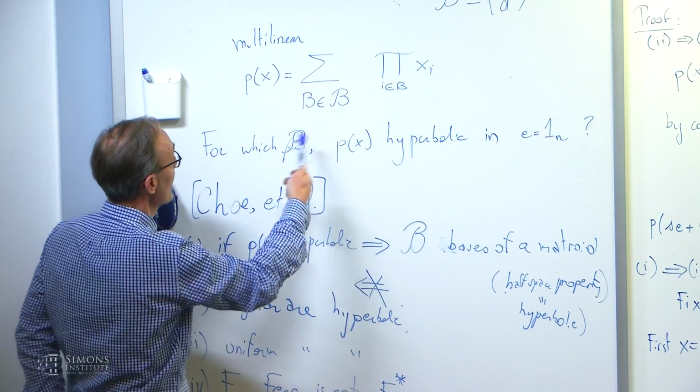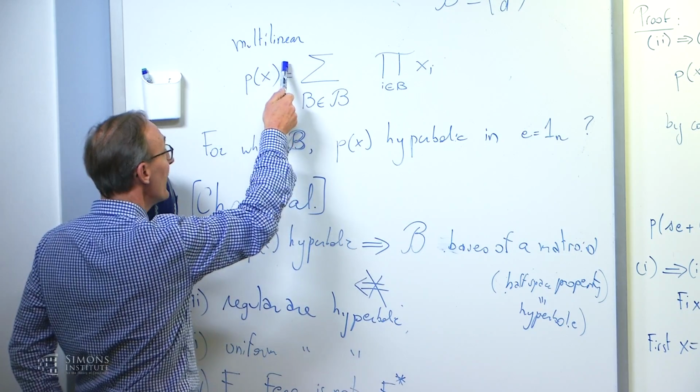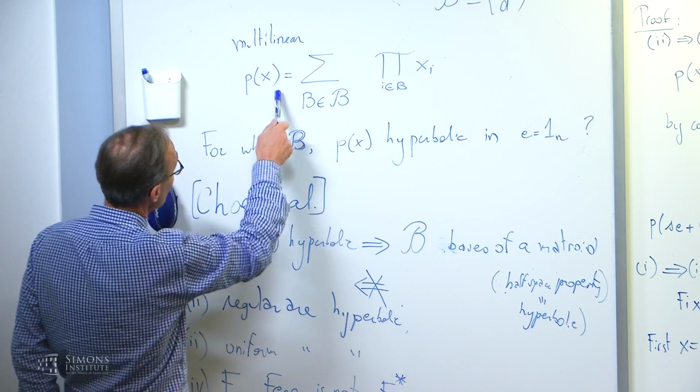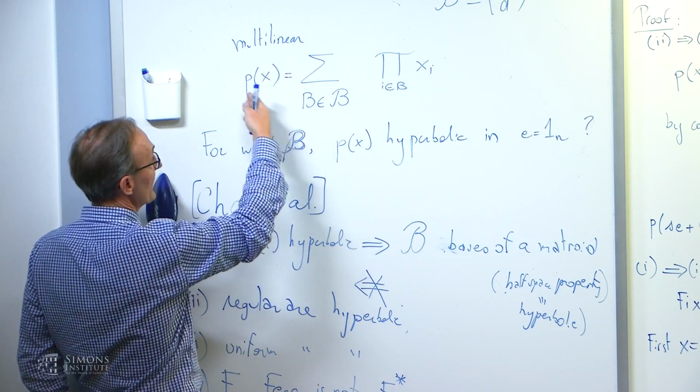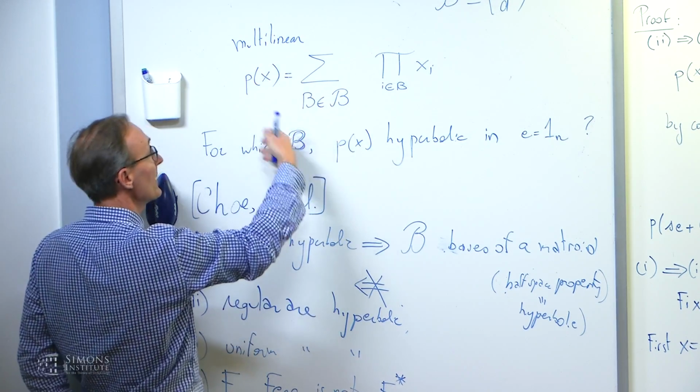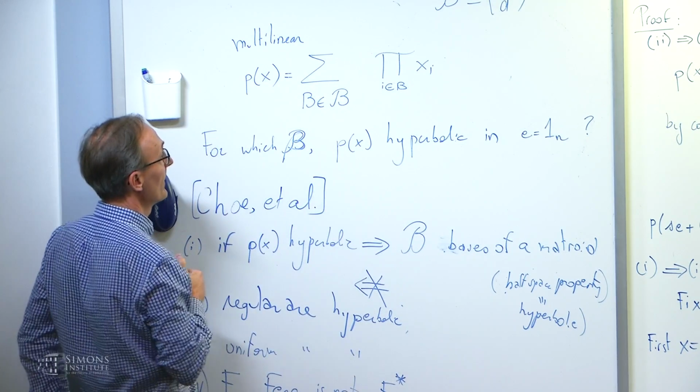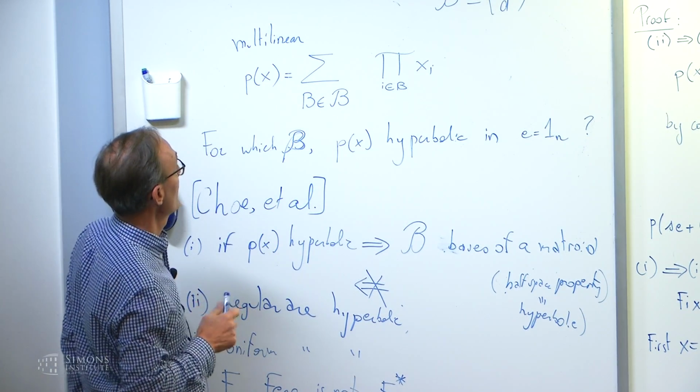For example, if I take just a power of P of X, then that would represent the same cone, since the zeros will be the same.